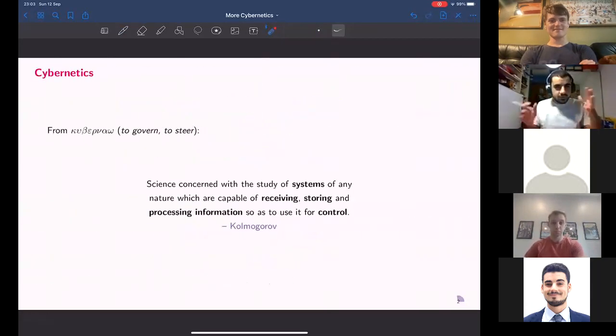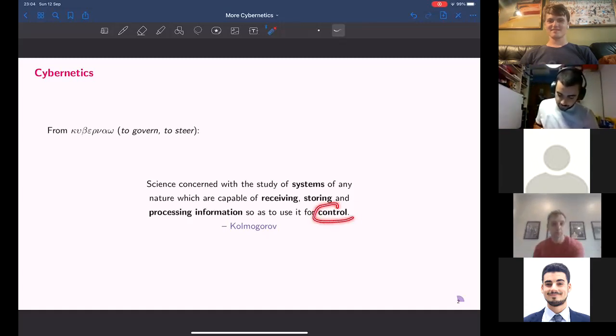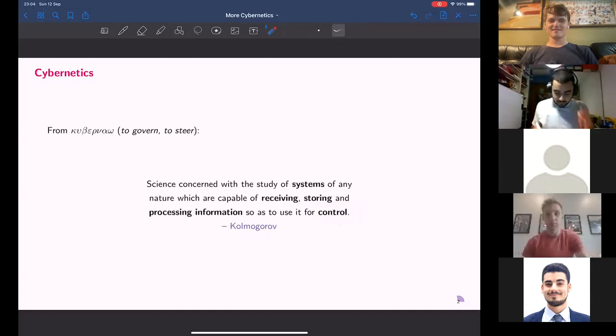So just to set some kind of common background, what is cybernetics? It is a very, very vast science, though one could say it's more a branch of philosophy and mathematics than a true science. This is the definition I found by Kolmogorov that I kind of like: it is the science concerned with the study of systems of any nature which are capable of receiving, storing, and processing information so as to use it for control. The most important word in this definition is actually the last one.